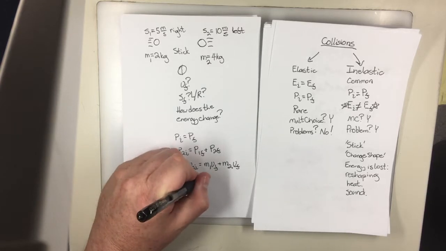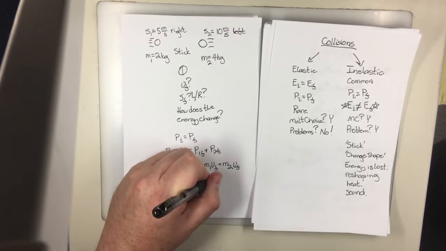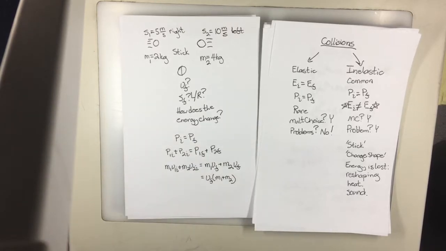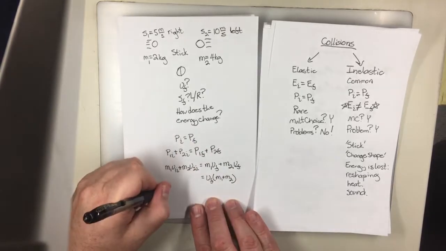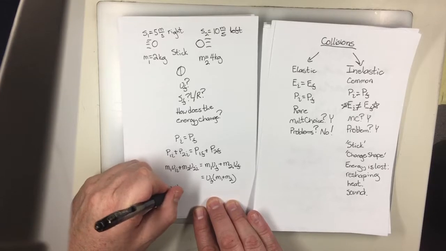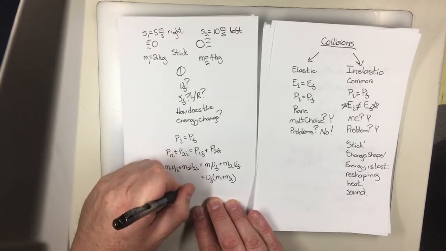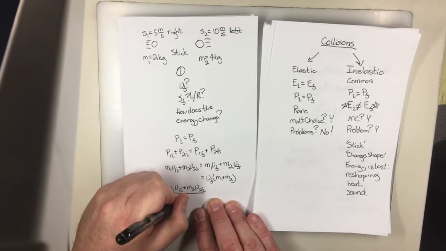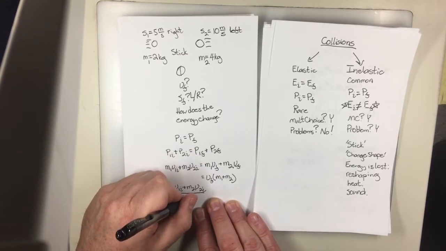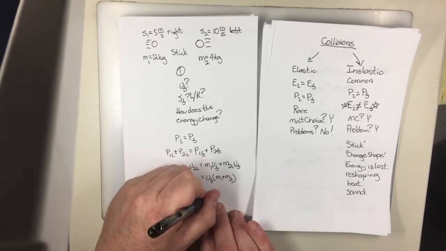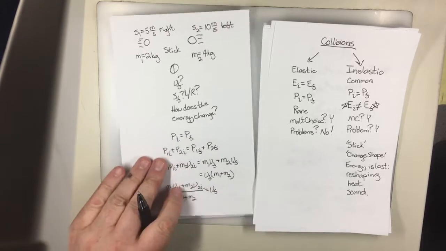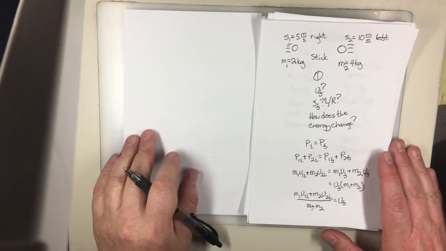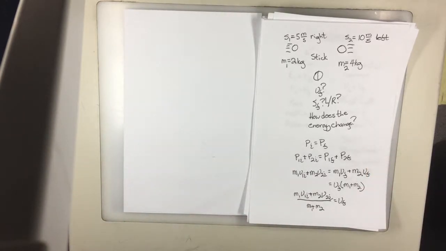So I can rewrite this as V final times M1 plus M2. And rewriting all of this, I get M1 V1I plus M2 V2I over M1 plus M2 is V final. And so that's the final velocity.